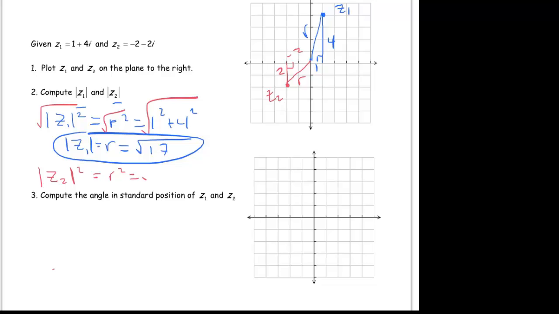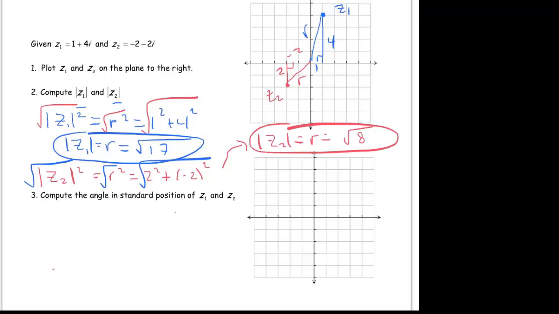So this time we get r squared equal to 2 squared plus negative 2 squared, which gives me 8. So if I square root, I get that r is the square root of 8. There we go. So there's their magnitudes.